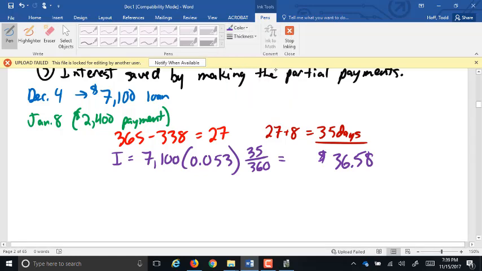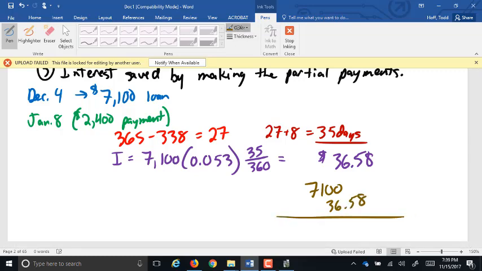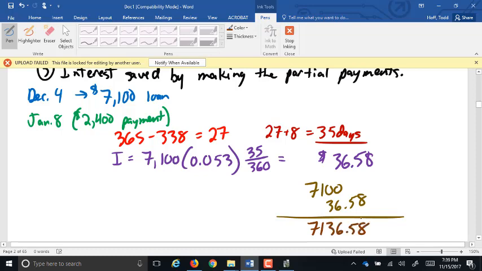So we add that to our 7,100 to get $7,136.58, which is the balance before the payment.